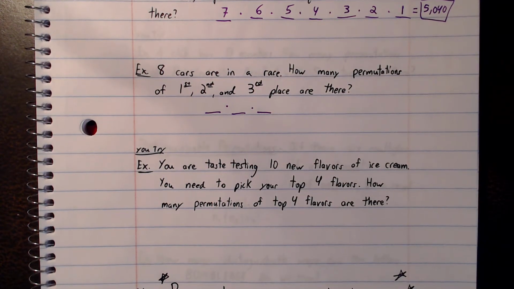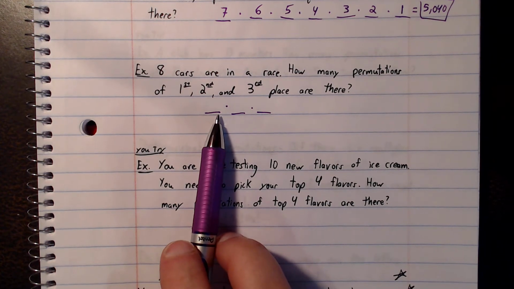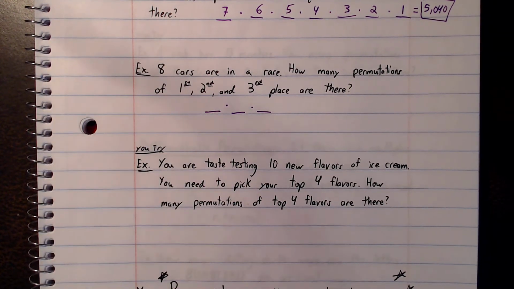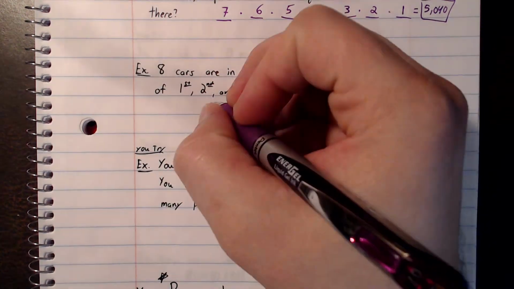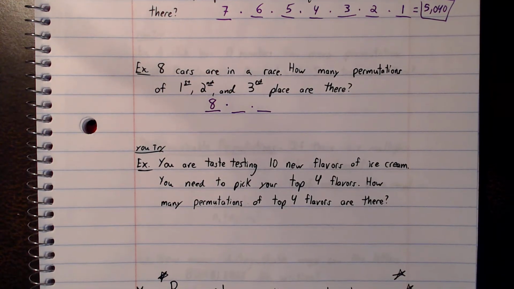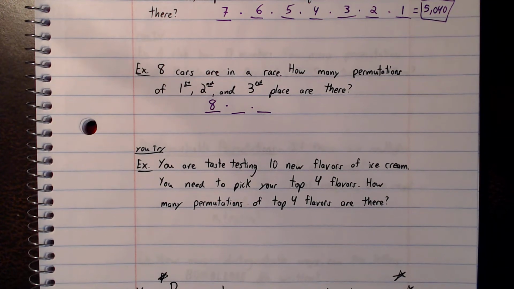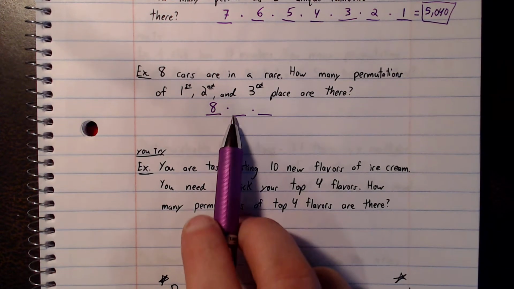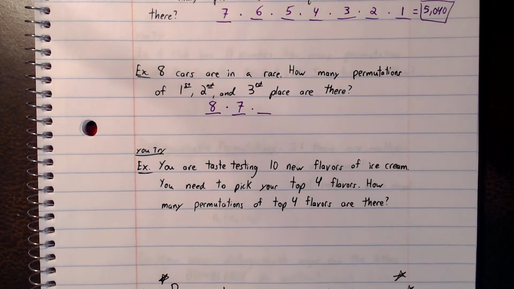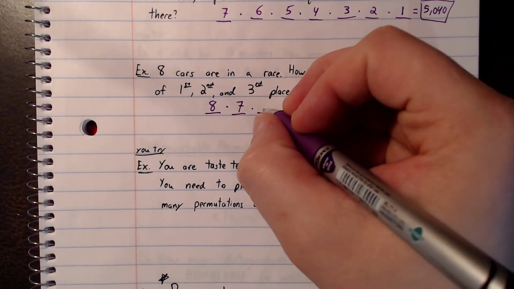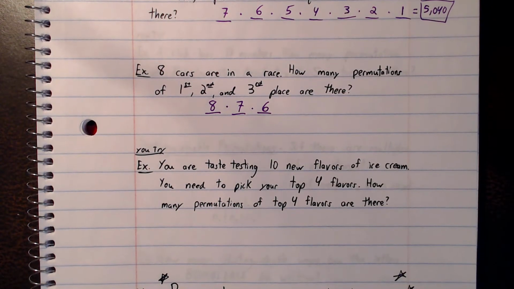Now, what's nice is, as far as getting first place, there's 8 possible cars that could win it. Right? But once I take first place and take that car out of the equation, that means that there's only 7 other cars that could possibly take second. And then the same thing would go with third. I'd only have 6 cars remaining to take third place.